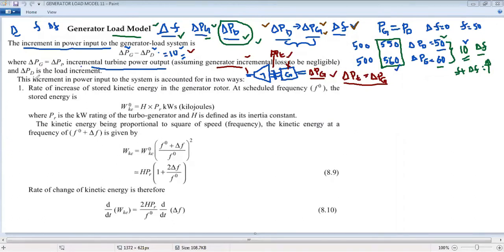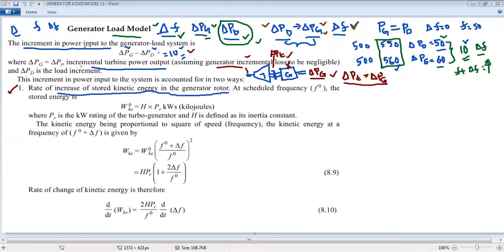Now coming to the case. This surplus power will be absorbed in the system in two ways. The first one is the rate of increase of the stored kinetic energy in the generator rotor.